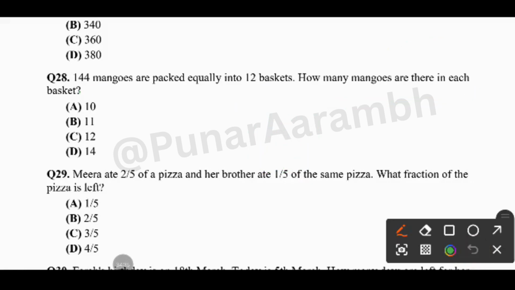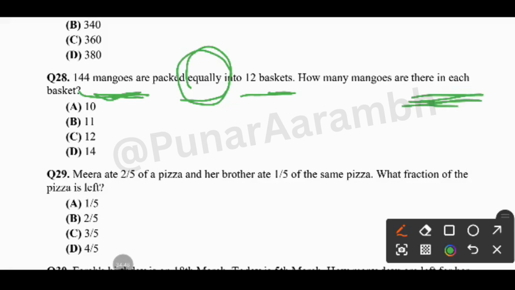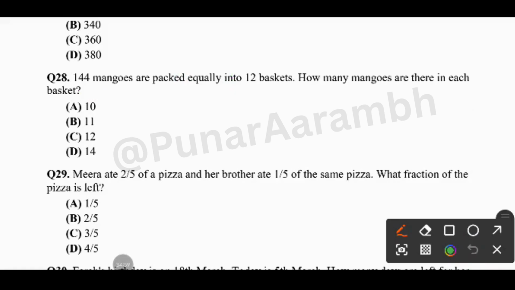What's the catch here? 144 mangoes are packed equally in 12 baskets. It is using this word equally. And he is asking how many mangoes are there in each. For one basket he is asking, in each basket how many mangoes are there. So in such questions we will do division. We will divide this number.